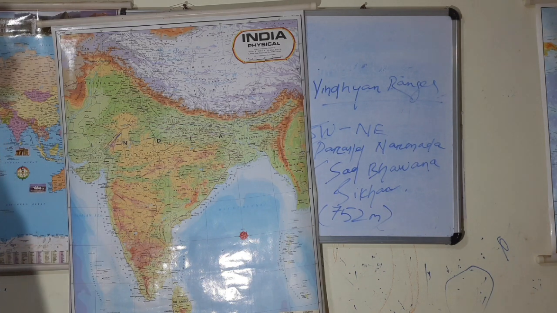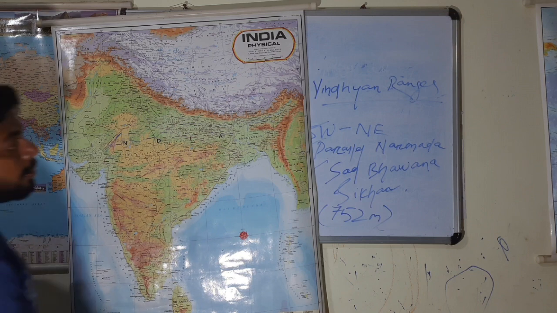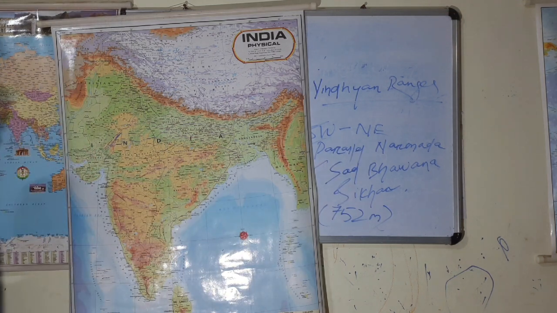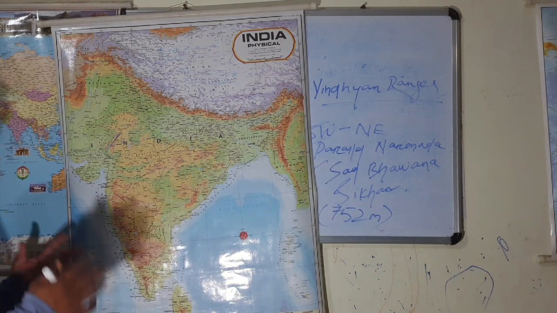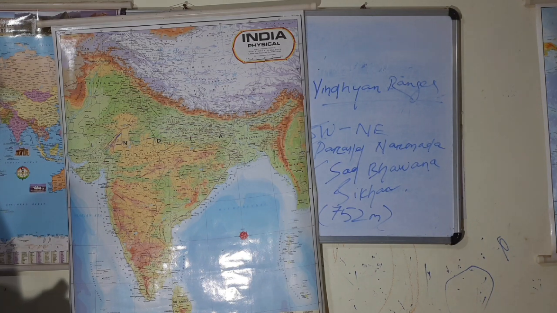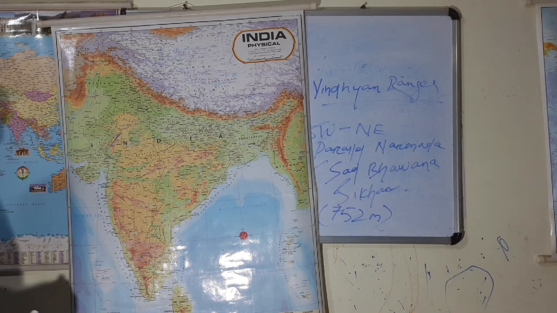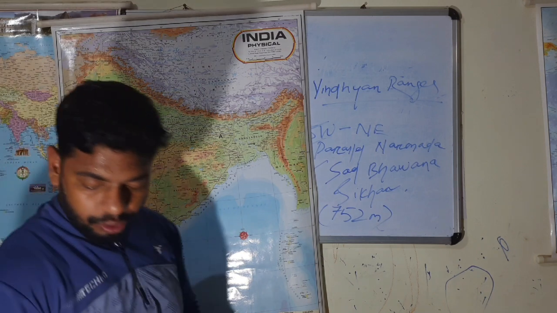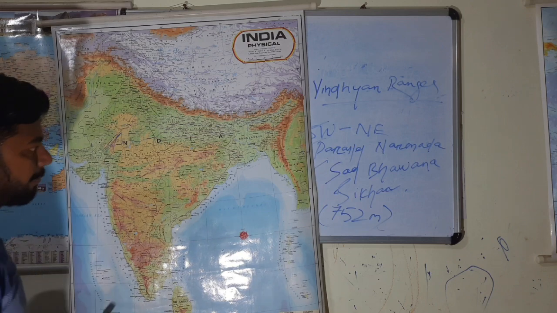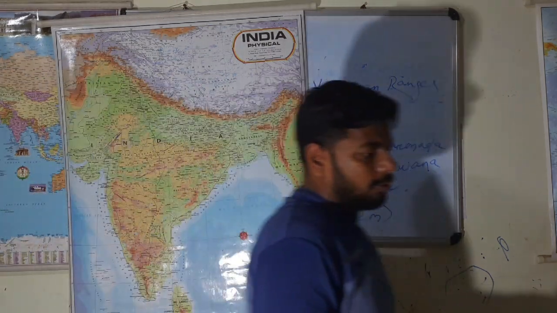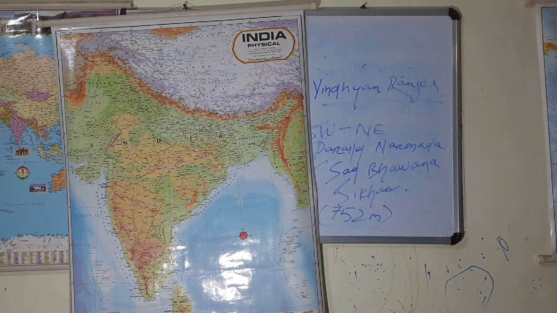The highest peak of the Vindhyan range is Sadbhavana Shikhar, or Goodwill Peak. The altitude is 752 meter. Noted guys? Noted, then I will go ahead.